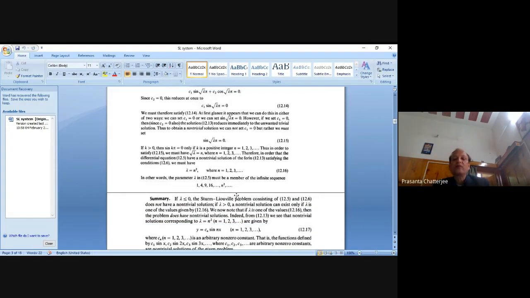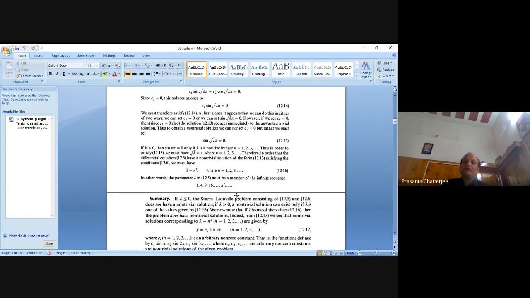So from that problem, we can conclude something. If lambda less than or equal to 0, the Sturm-Liouville problem does not have a non-trivial solution. If lambda greater than 0, we can have a non-trivial solution only if lambda is in the form of n square, for n equal to 1, 2, 3, and so on.